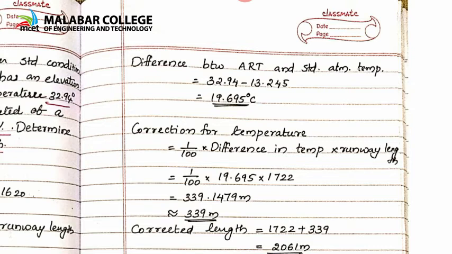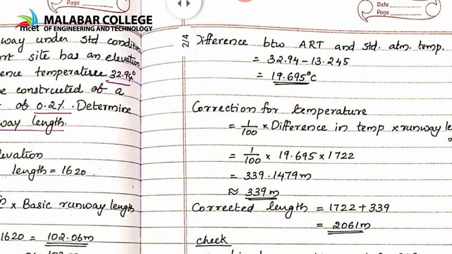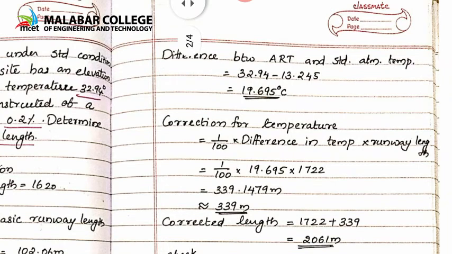Then correction for temperature is equal to 1% of the difference in temperature for the runway length, that is 1 by 100 into the difference in temperature 19.695 into the runway length after correction for elevation, that is 1722.